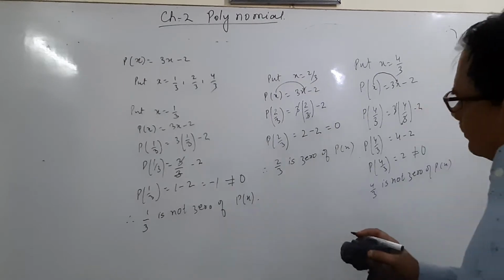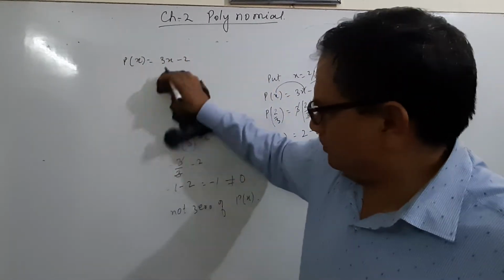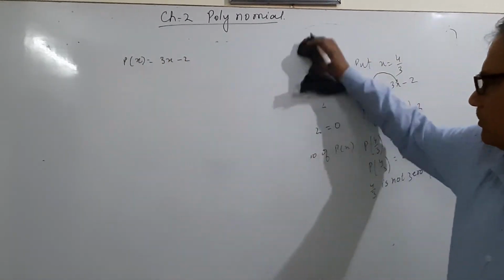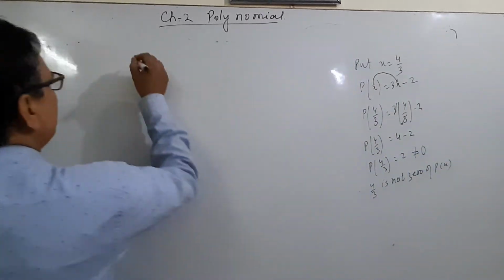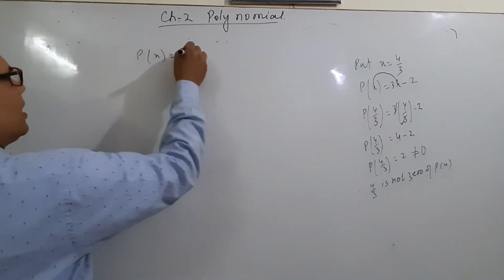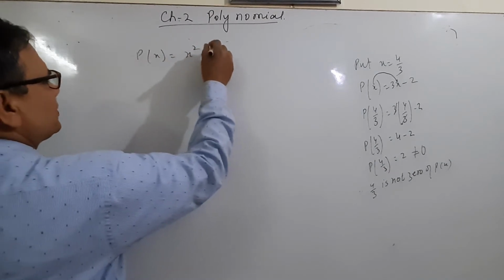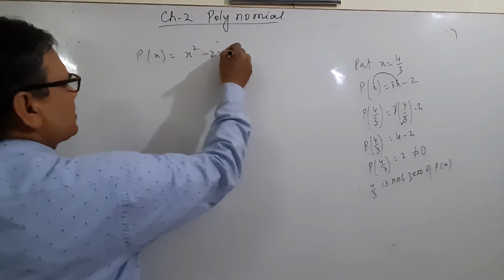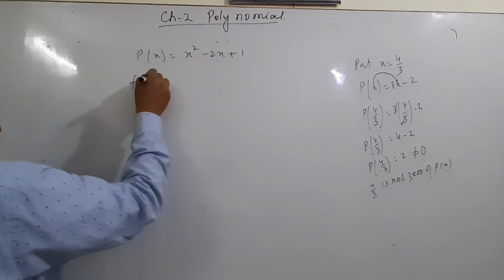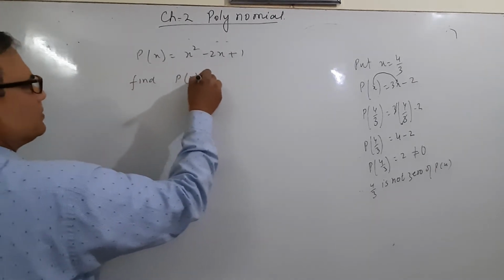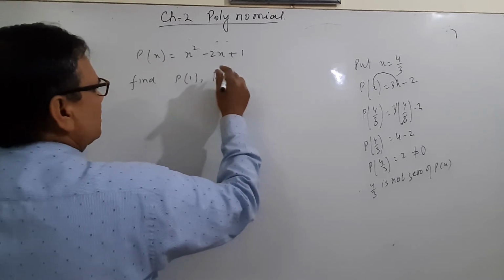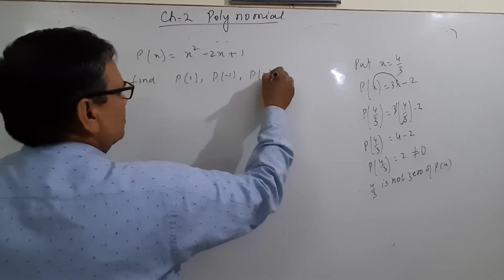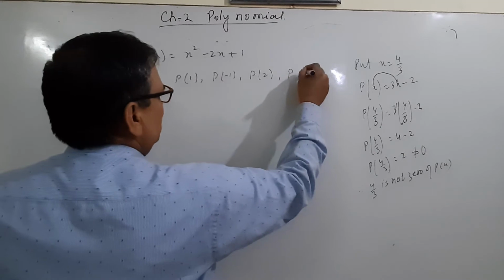And now, if one question is given in the form P(x) = x square minus 2x plus 1, find P(1), P(-1), P(2) and P(t).